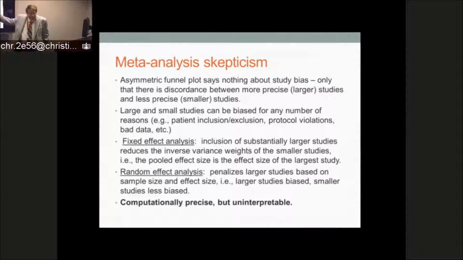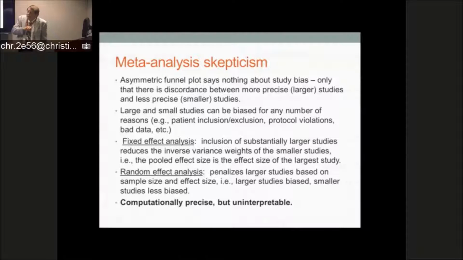Because if you remember from the formulas and the inverse of the variance, what funnel plots are indicating is that there's some discordance between small studies and big studies. It doesn't say anything about the bias within individual studies, even though it's termed publication bias.